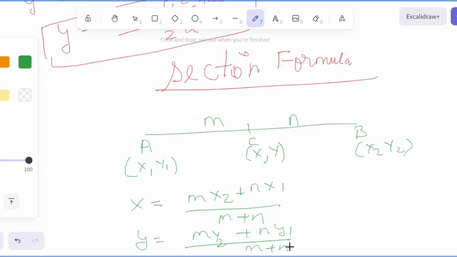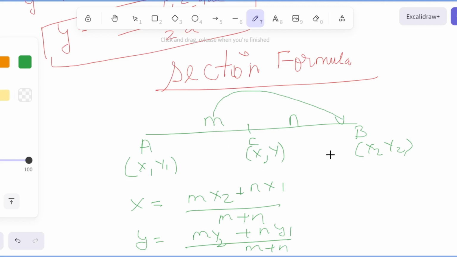So how you can remember it is that if the ratio is on the left hand side, you have to take the coordinate of the right hand side. So this ratio has to be multiplied with the other side's coordinates.